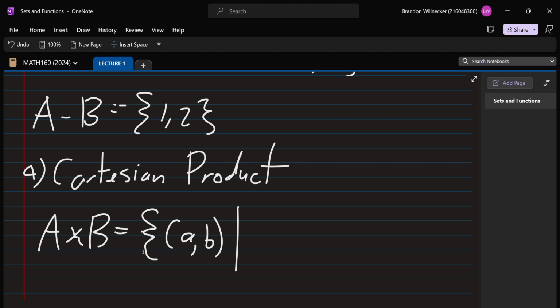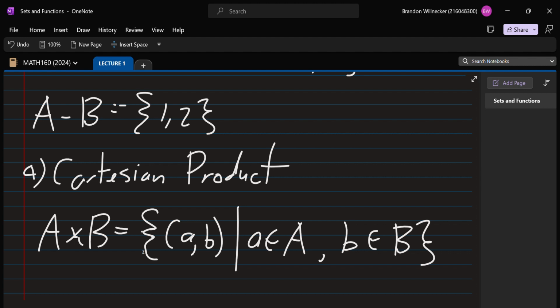So we look at all the ordered pairs (a, b) such that a is from A, using that symbol we saw before. A element of A, or a in A, means the same thing. And b comes from B. Okay, so that is the Cartesian product.